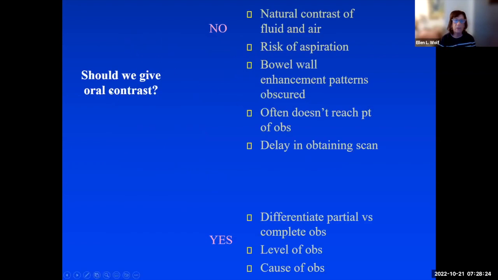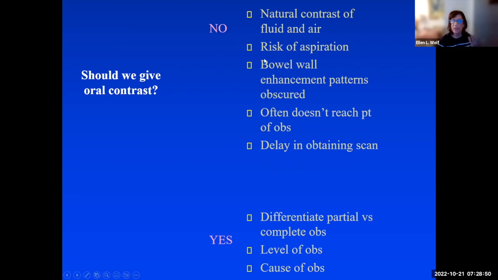So should we give oral contrast when we do CT in patients with suspected small bowel obstruction? People who say no say that it's not necessary because there's natural contrast of fluid and air already within the bowel. I've showed you some CTs where we can see that there was all this fluid. We didn't need to give oral contrast because there was already fluid and air in the bowel, which is a natural contrast.